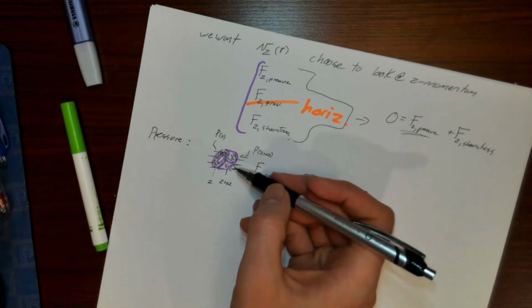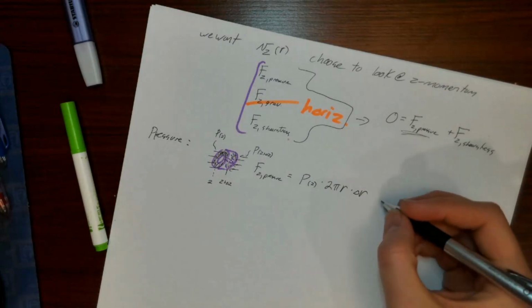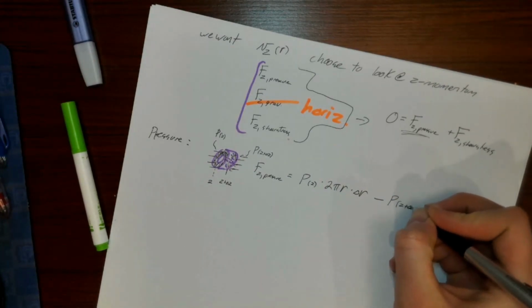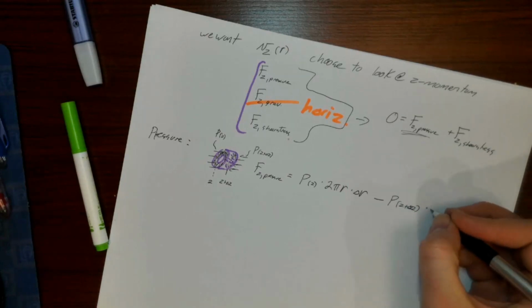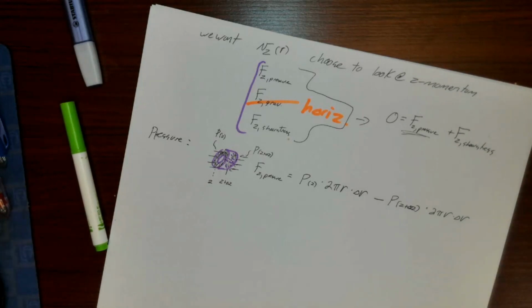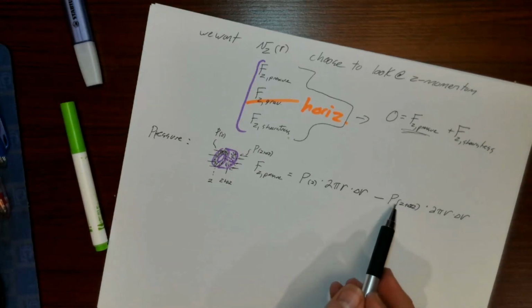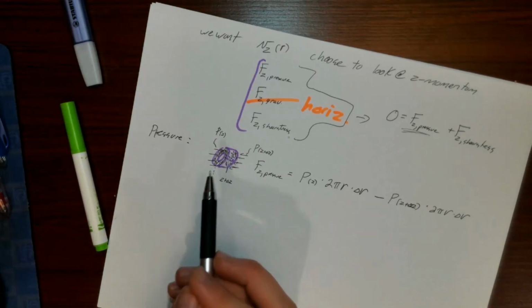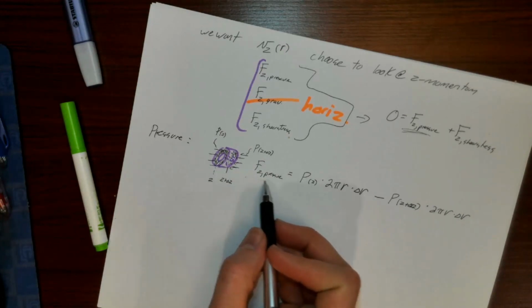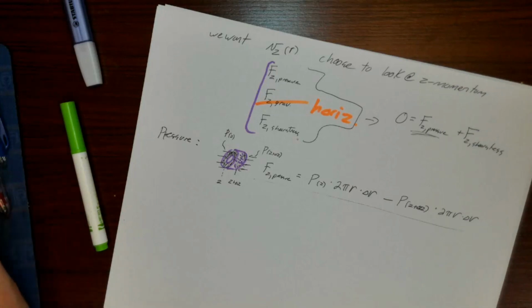The pressure on the downstream face pushes me in the negative z direction, so I'm going to have minus p at z plus delta z times 2 pi r delta r. So this is my net pressure force, and I don't have any contributions to z force due to pressure on those other faces. So pressure, check.